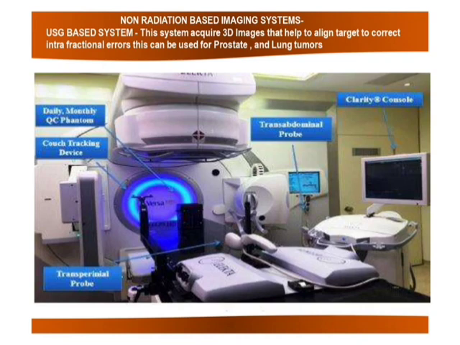The modern CT simulator has advantages over the conventional simulation machine or X-ray machine, in which tumor localization and verification is better, and digital data can be directly transferred to the planning system.